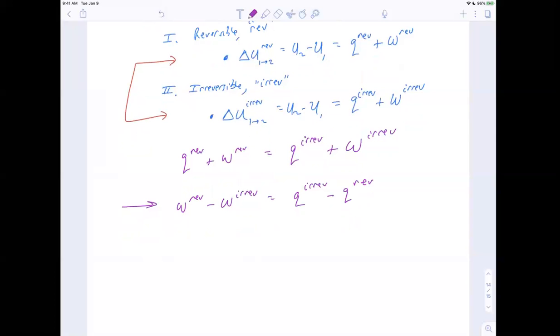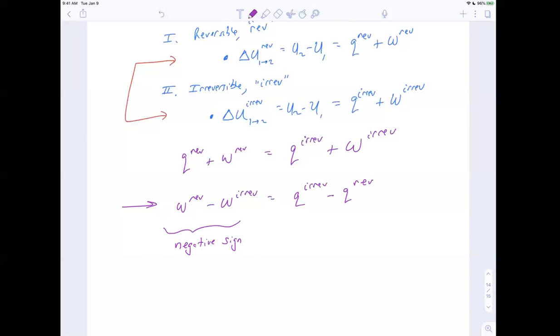So when we take this difference between W reversible and W irreversible, the sign of that side is going to be a negative sign. Why? Again, we're going to do work to compress this gas, so the work is positive, the gas being our system. We're going to do work on the system. So both W reversible and W irreversible are positive.